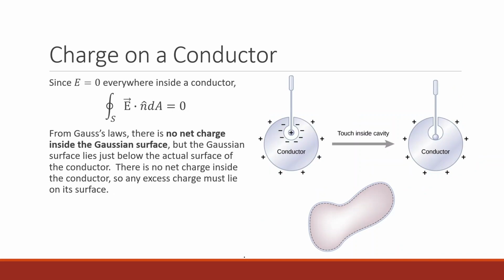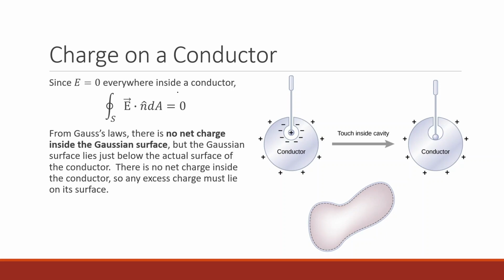Okay, so what about on a conductor? I said that it's different, so what is it? Because E is 0 everywhere inside of a conductor, we can use Gauss's law, where the flux should equal 0.